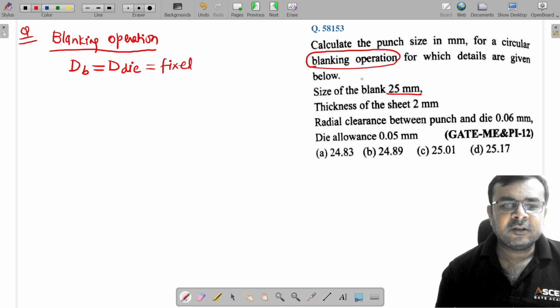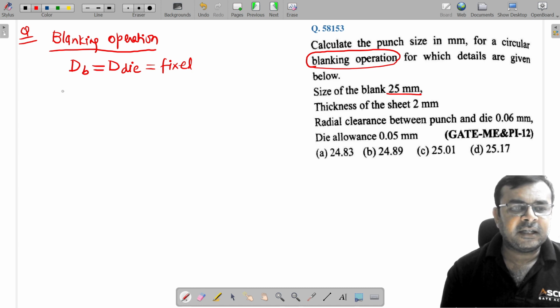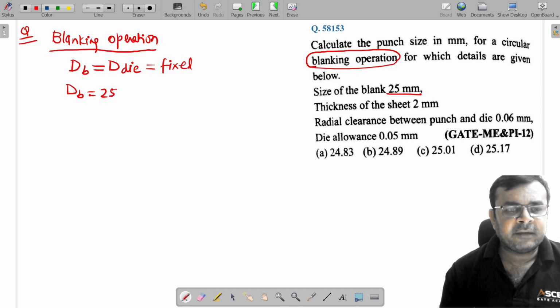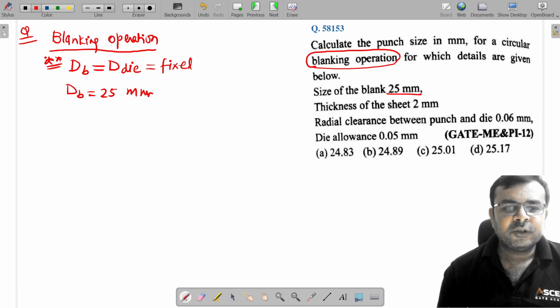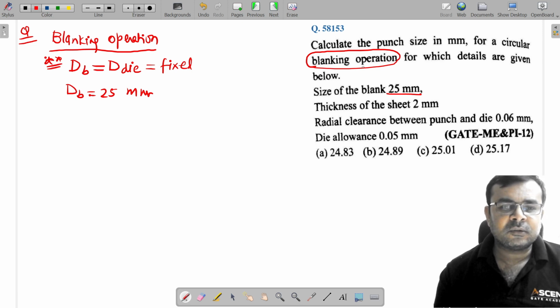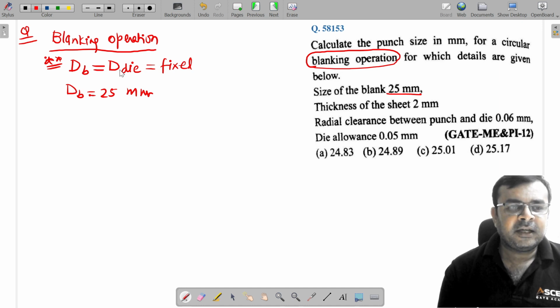So this is a blanking operation in which the blank diameter is 25 mm. Remember, this is the key point. Whenever you find this kind of question, first see whether the problem belongs to blanking or punching. The thickness of the sheet is also given, that is t equal to 2 mm.